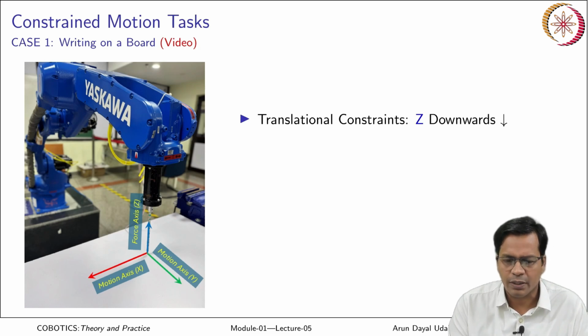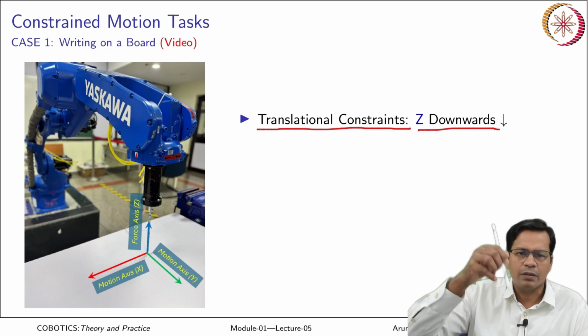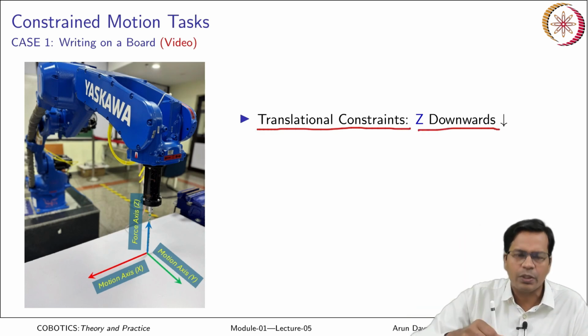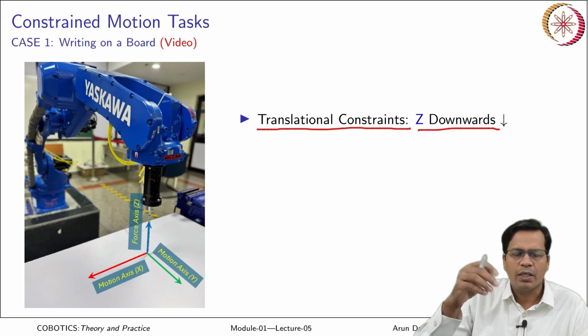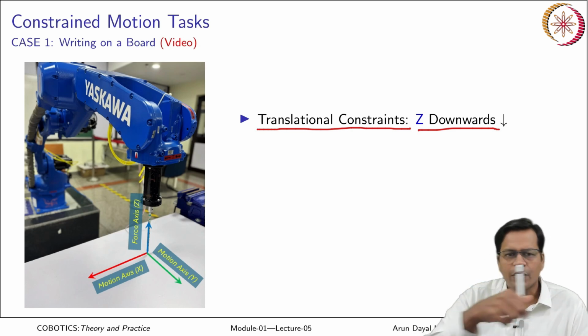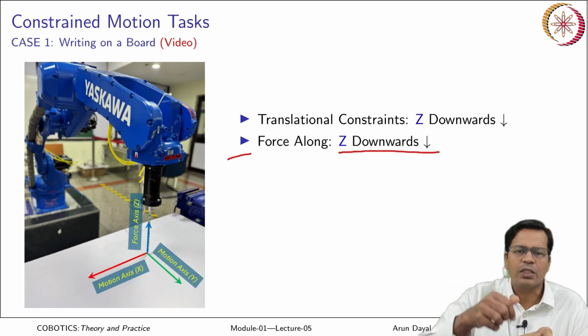So, what are the constraints which are there? There exists a translational constraint, that is z downward direction. I cannot make the robot go into the board. It can remain on the board, and there has to be a constant normal force maintained while I do all the writing process. So, the force along z downward direction is only allowed.